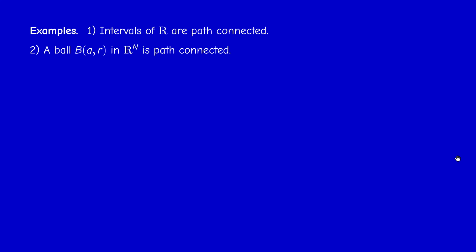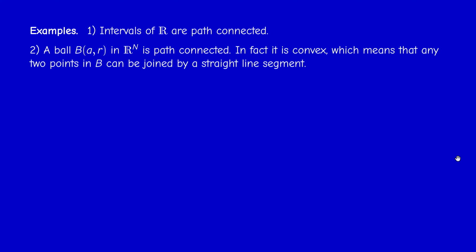Okay, another expected result is that a ball in R^n, equipped with any norm you like, is path connected because it's convex simply. And this should be intuitively clear. If you have 2 points in a ball, you can join them by a straight line segment inside the ball. And here's the exact algebraic proof.